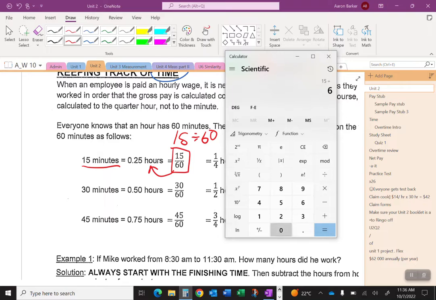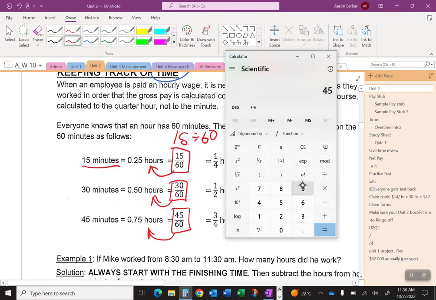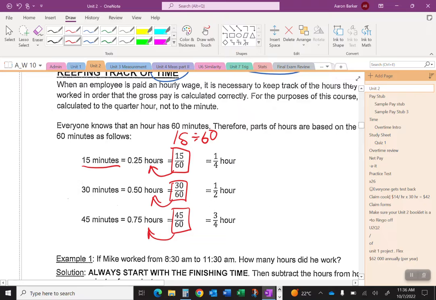Same thing here, you would get 0.5. Same thing here, you get 0.75, or you go 45 divided by 60. So that allows you, with your decimals, to add the hours easily once you have the decimal values.